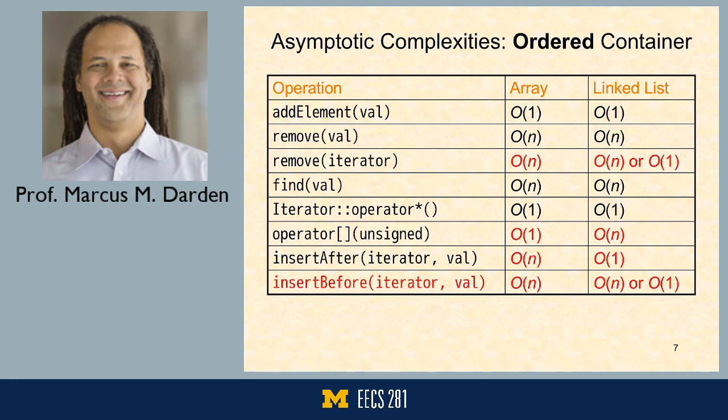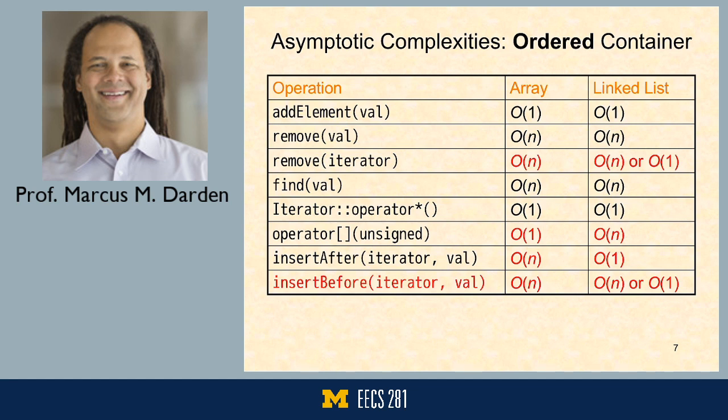Insert before, of course, I've got the same thing going on. It's going to take me a linear amount of time to move the things back as I insert things before this in the array. In the linked list, now once again it's going to depend on what my links look like.